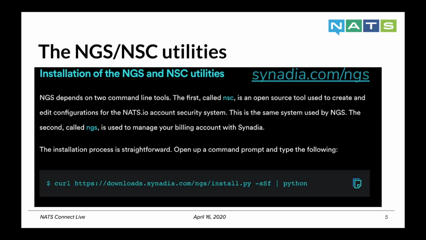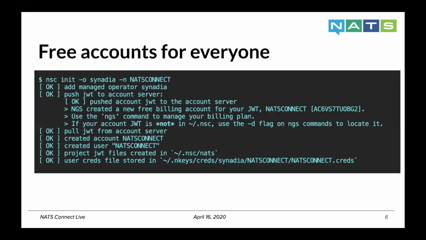If you got the email, you can get the tool from this script, which will give you the NGS and NSC utilities. You can easily get started with a free account to start sending messages. In this case, we're initializing using the Synadia operator and NATS Connect account.